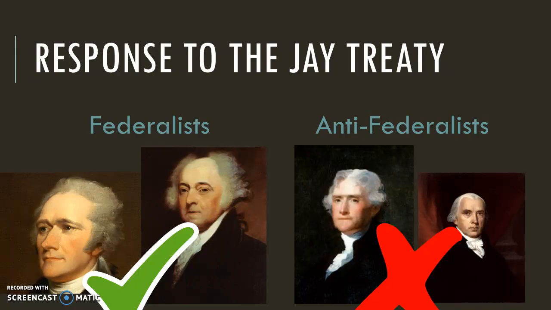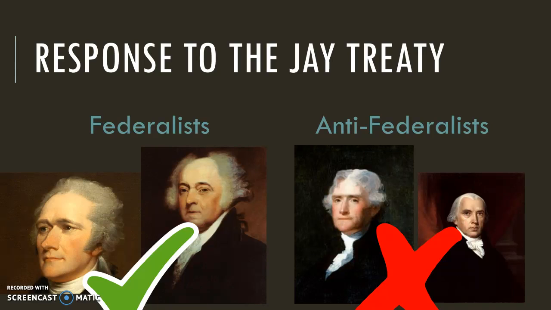The Jay Treaty was not universally accepted. Federalists such as John Adams and Alexander Hamilton were both supportive of the treaty. On the other hand, the anti-federalists, Thomas Jefferson and James Madison, felt that signing such a broad international agreement, especially one that affected trading behavior, was a violation and an overreach of federal power.